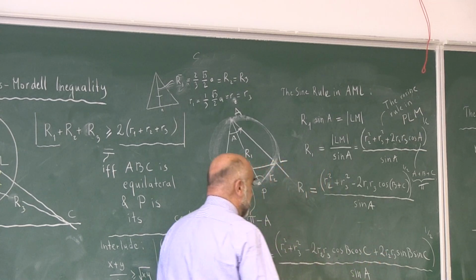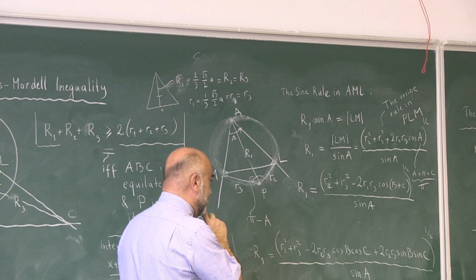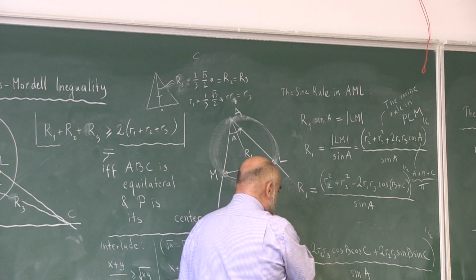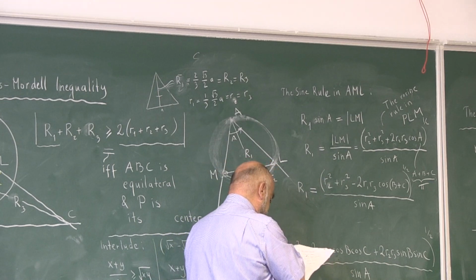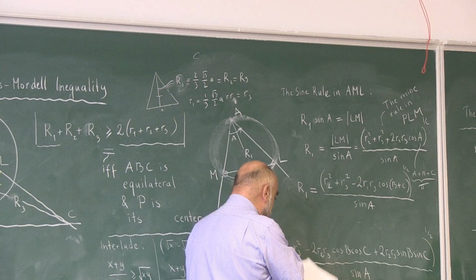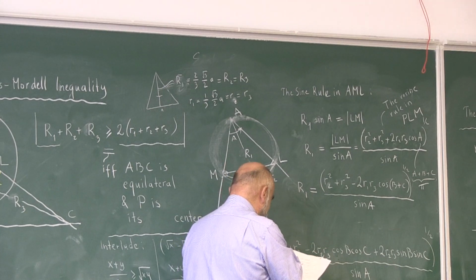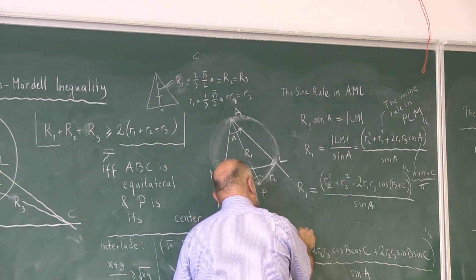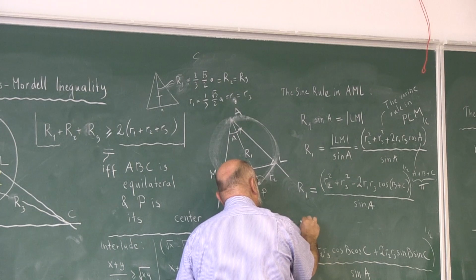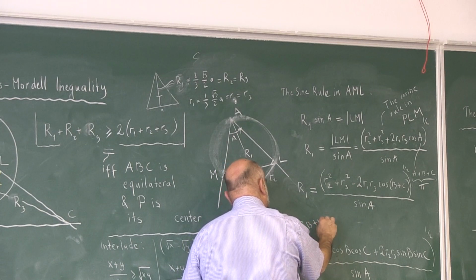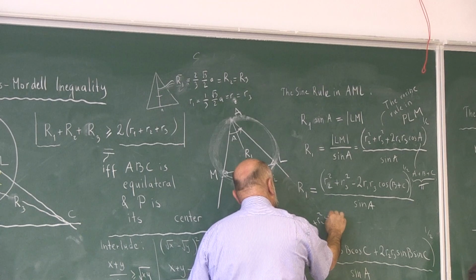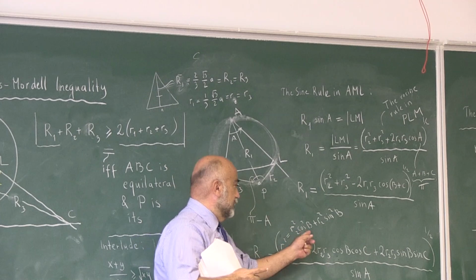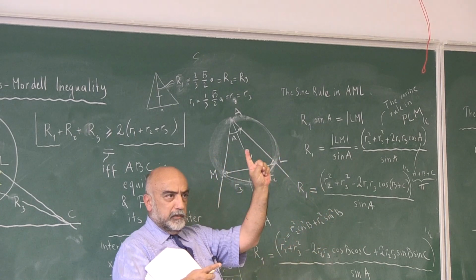Sine A. Fine. So here is the devilish trick. You remember that R2 squared is R2 squared cos squared B plus R2 squared sine squared B. Are you with me, children? Cos squared plus sine squared makes up 1. That's all.